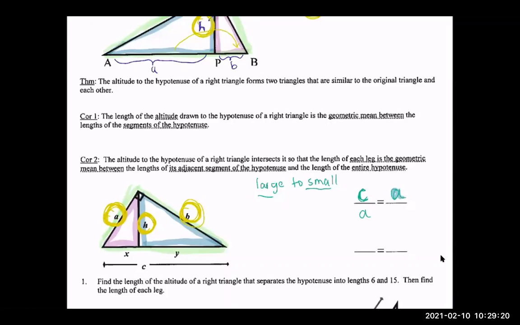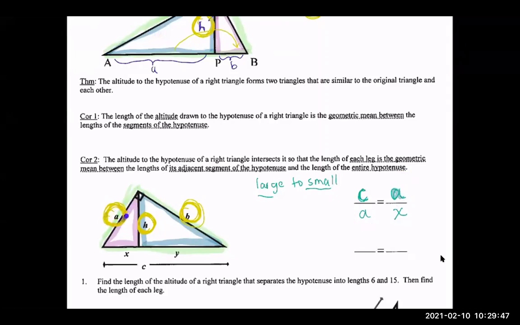Okay, and then we're going to compare that to the short leg of your small triangle. What's the short leg of your small triangle? Okay, and it won't be this difficult to set up next time. Okay, so from here on out, what you guys are going to picture is if A is your geometric mean, then you're going to put A in these spots.